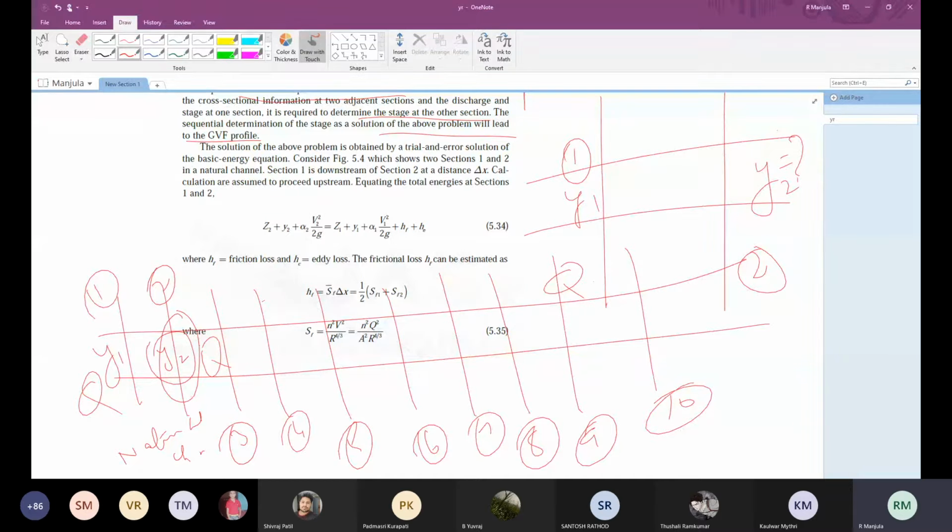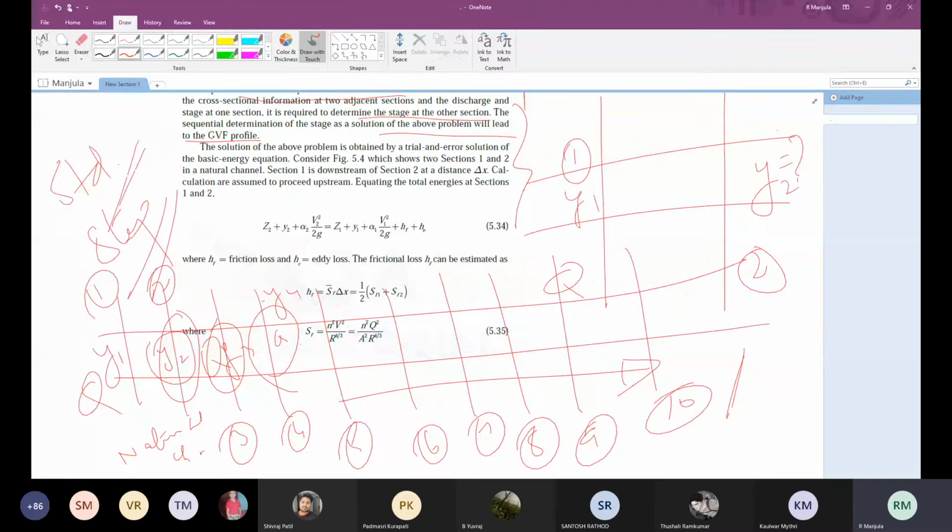Then you can find what is Y3. Similarly for Y4, Y3 is known, Q is known, and you are going to find Y4. So I keep on finding the depth of the profile all along the reach till the profile is completed. This is the way in which I can find my GVF profile. So this is the method we are using, the standard step method.